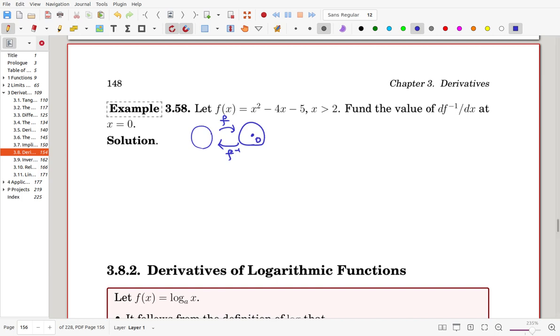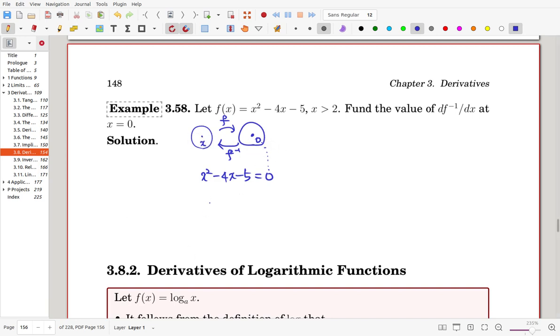So first you have to find the corresponding point, which is x. That is found by solving f(x) equals 0, that is x squared minus 4x minus 5 equals 0. By solving this equation, we can find that point x.